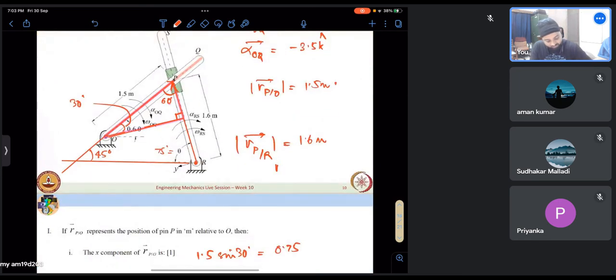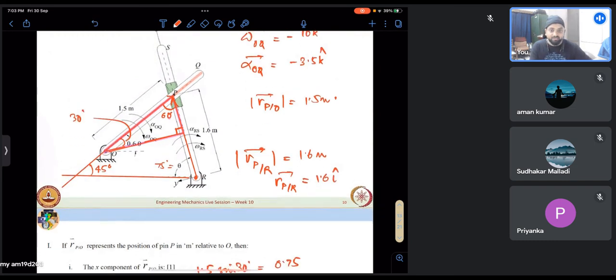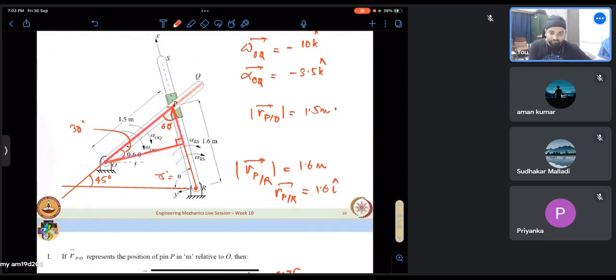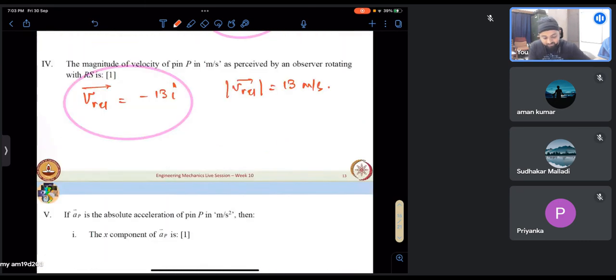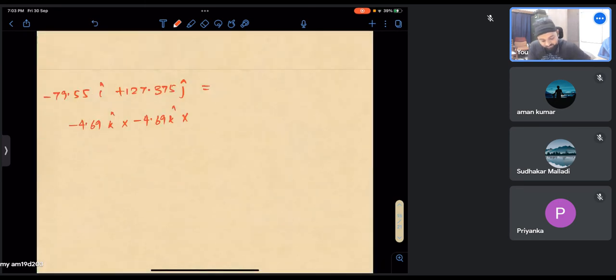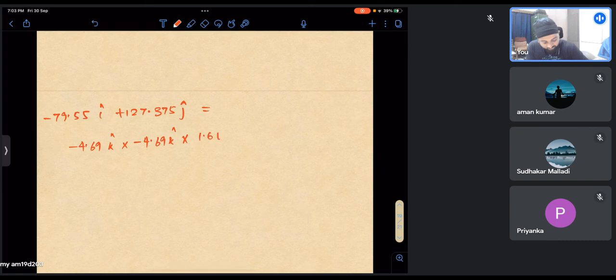So RP with respect to R is nothing but 1.6 I because it is just along the x-axis. That is the benefit of aligning our axis with the axis of the member itself so that it just has one component. Makes things a little easier.